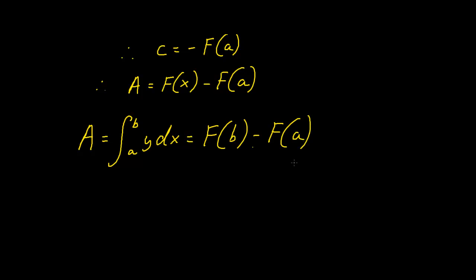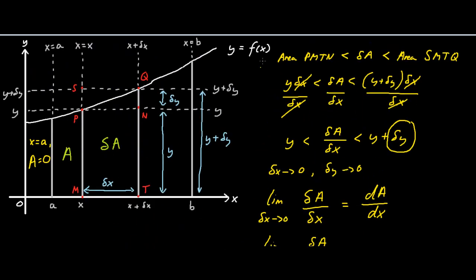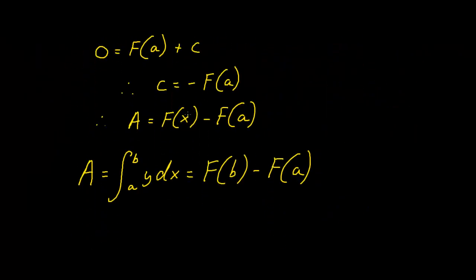And as I said earlier on, do not get this function over here mixed up with the function here, the big F, which is a different function of x. So, if you're looking for areas underneath the curve from x equals a to x equals b, you use this equation right here.